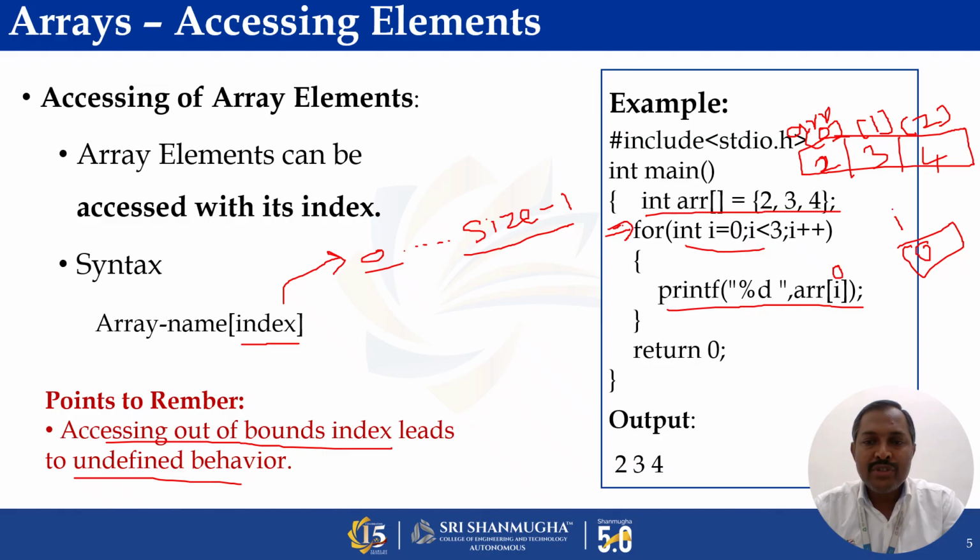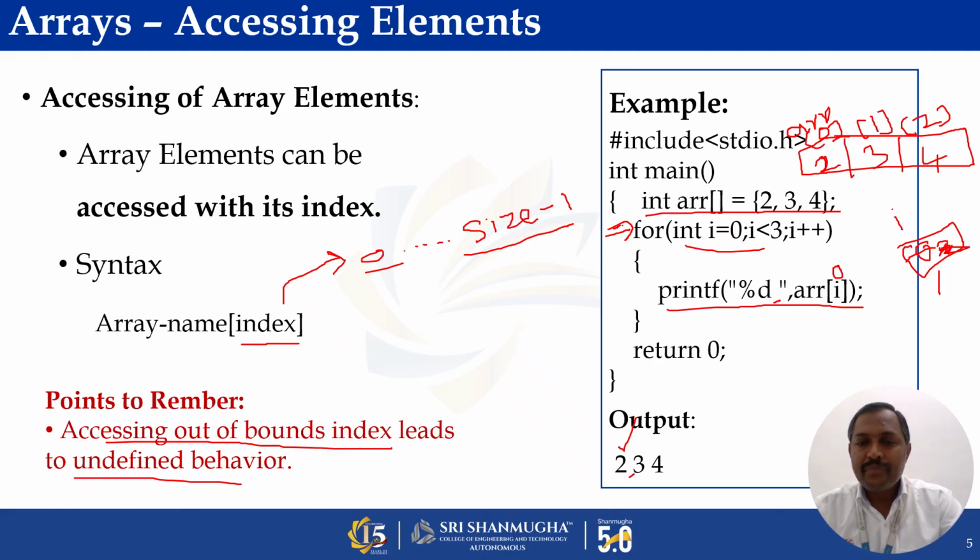Within ARR of 0, element 2 is printed in the output. You can see in the printf statement, within the format specifier part, after percentage d there is a space, that's why we are getting a space. The next i plus plus, the i value previously 0 now becomes 1. Next, 1 less than 3, the condition is true.